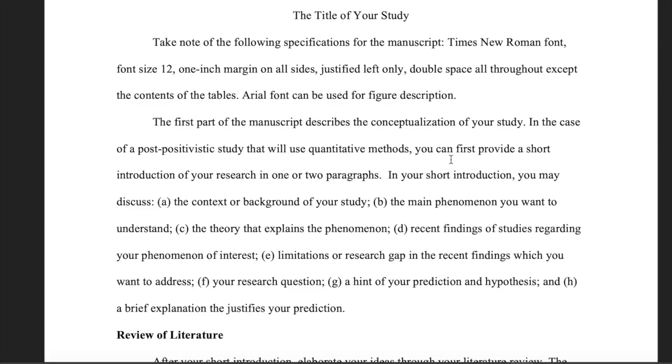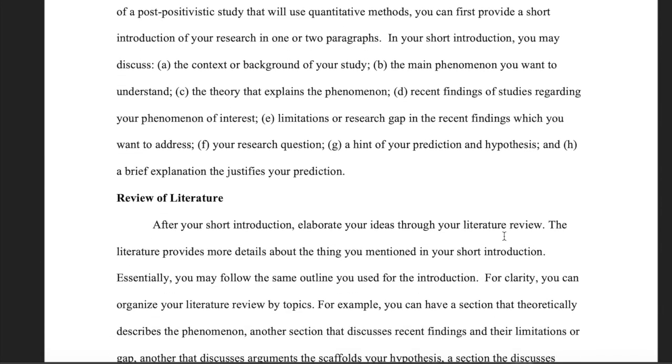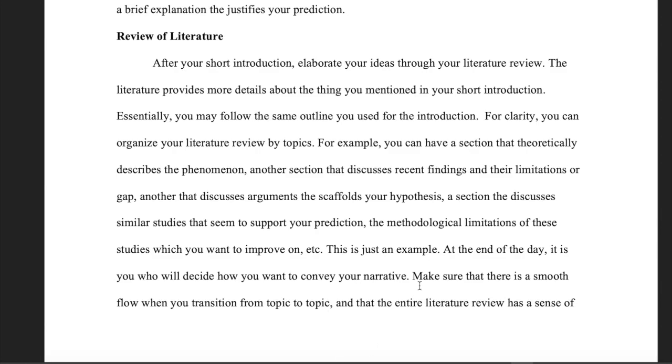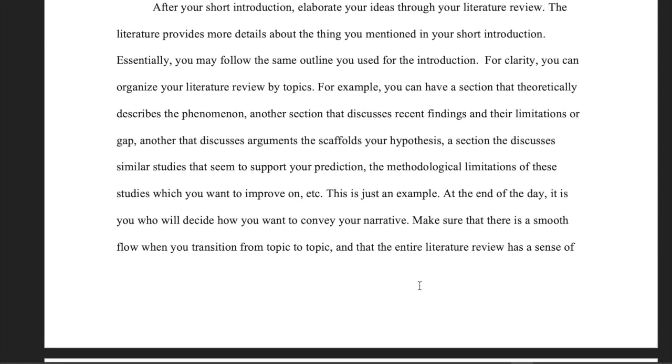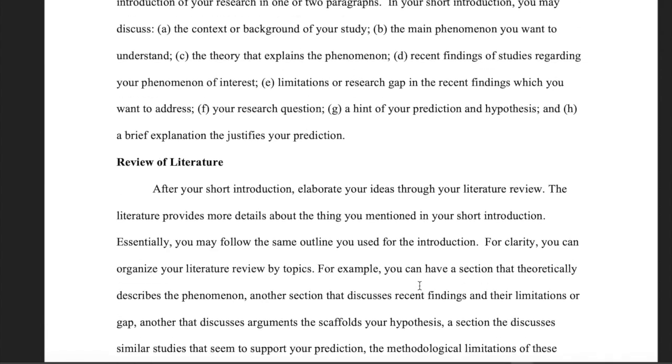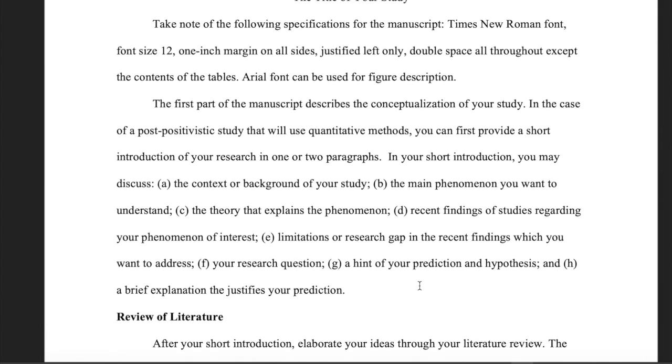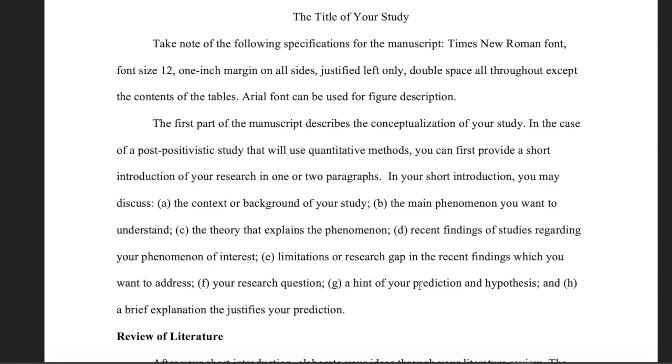So my advice for you is that do not write the introduction unless you have already written most of your paper. At the very least, your literature review. In essence, your introduction is a summary or a synthesis of your literature review.